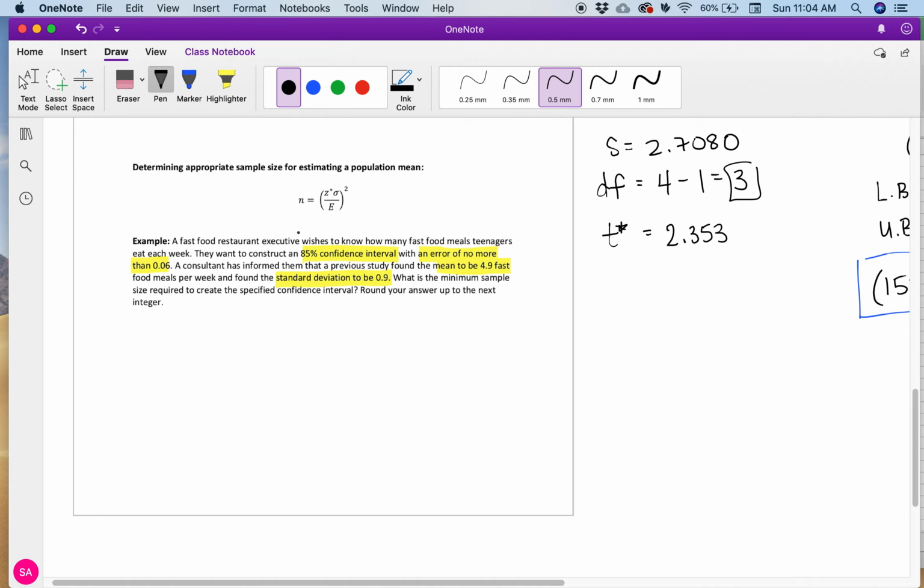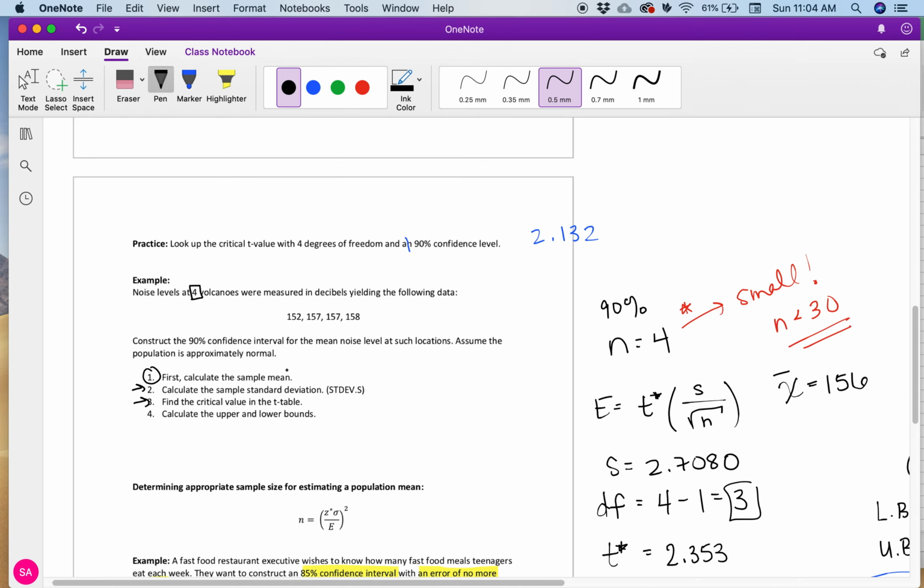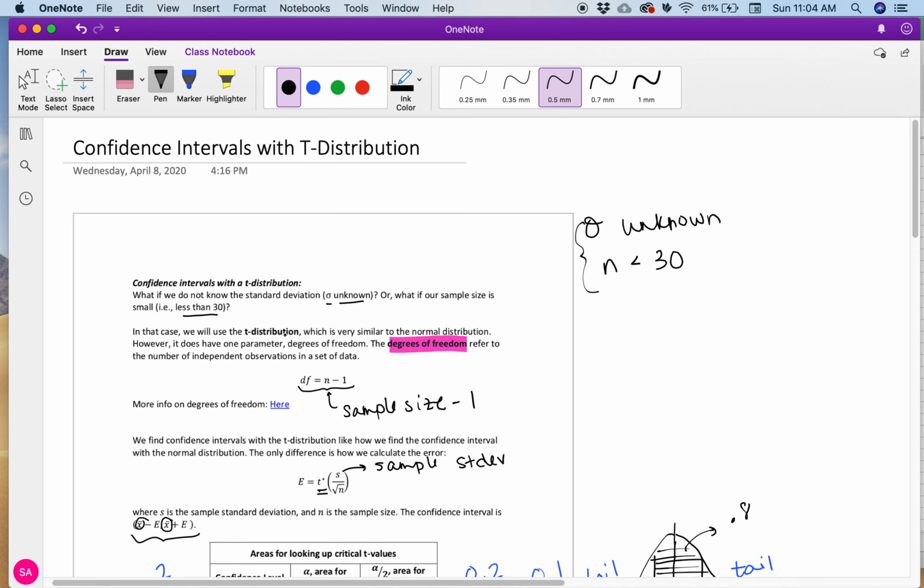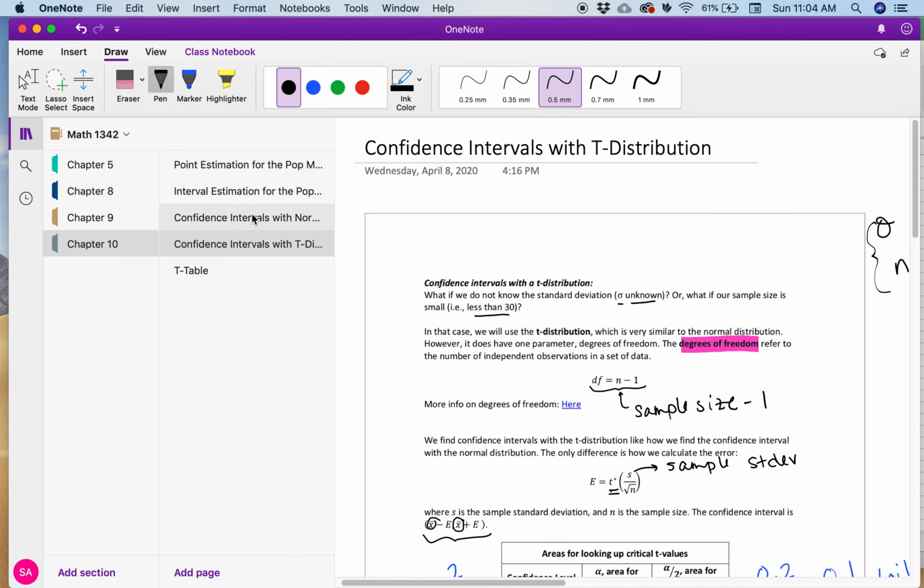All right, we just have to plug the values we need into this formula. So n is equal to z star. We have to get that from the chart of critical z values. We're doing an 85% confidence interval. Let me scroll. I have that on a different sheet.